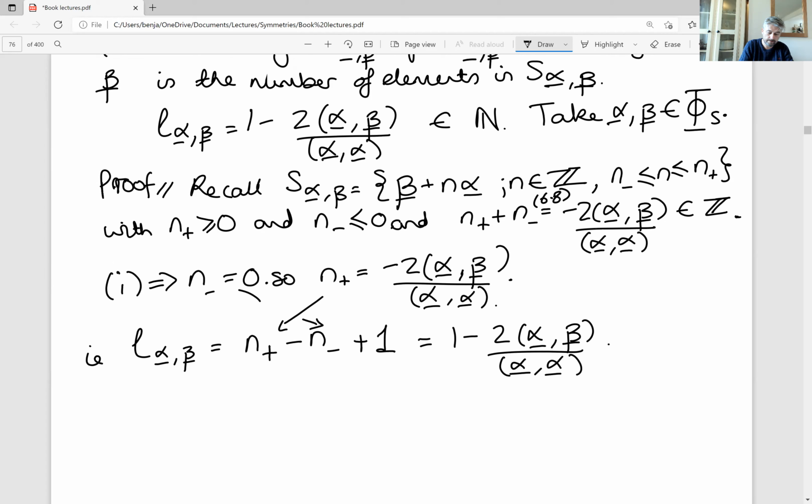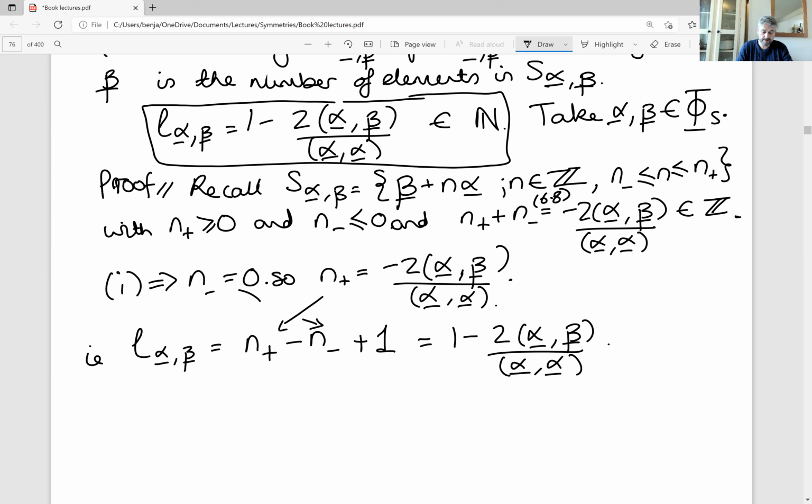Okay, good. So let's just look at this for a second. Now, if you look at this thing, if we take alpha not equal to beta, then this quantity here has to be a natural number that's bigger than or equal to 0. And the only way to arrange for this expression to be bigger than or equal to 0 is if the inner product between alpha and beta is less than or equal to 0, because the denominator is positive because we have a Euclidean inner product.